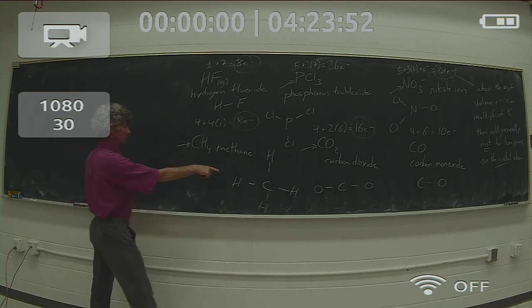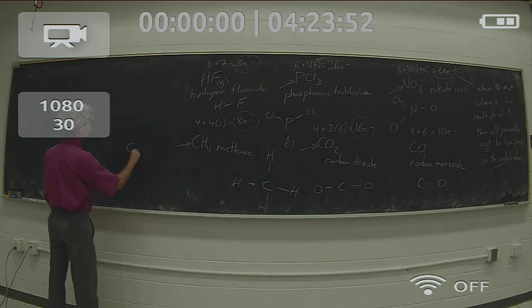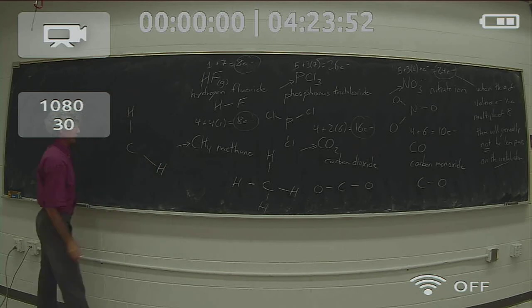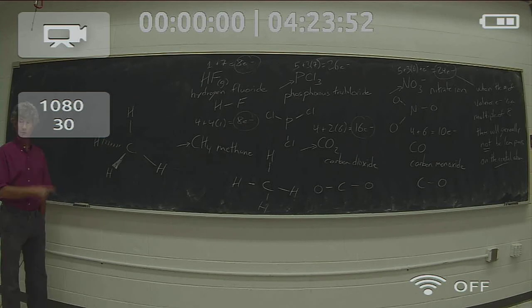Normally, we would indicate its three-dimensional structure by showing the carbon atom and the 2 hydrogen atoms that are in the plane of the board with regular straight lines. But then we would use a solid wedge to indicate the hydrogen that's coming out of the board, and a dashed wedge to indicate the hydrogen that is going back.